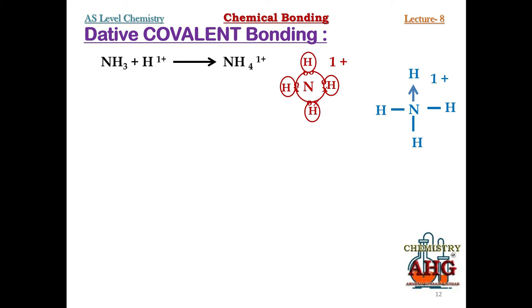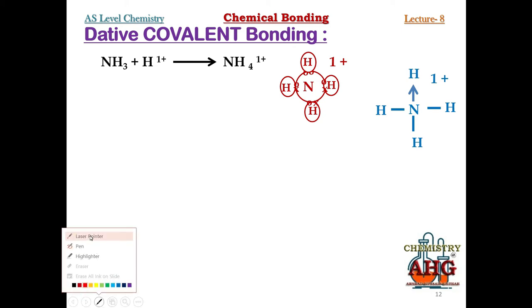Second thing, that is another very interesting information as far as your paper 1 or paper 2 is concerned. You must remember, ammonium compounds are unique compounds. They are unique in the sense that each ammonium compound can show 3 types of bonding. What are the 3 types of bonding that you can show in an ammonium compound?